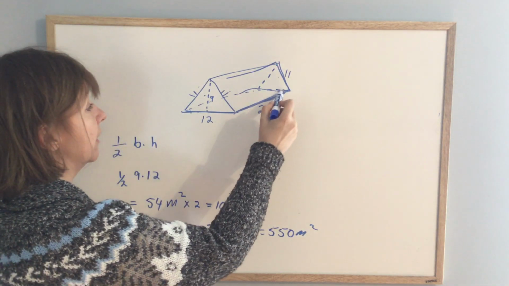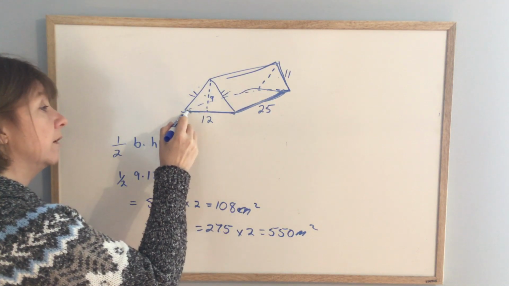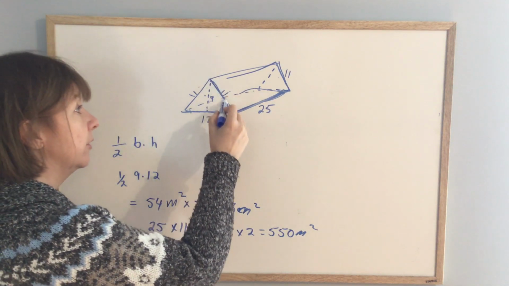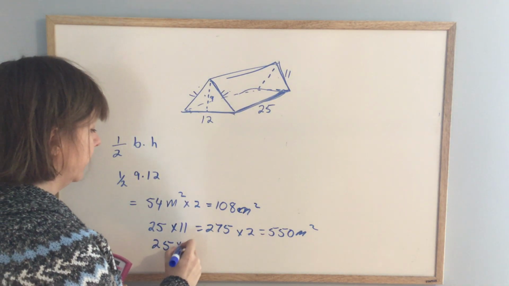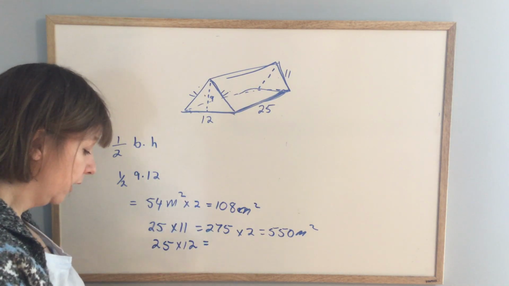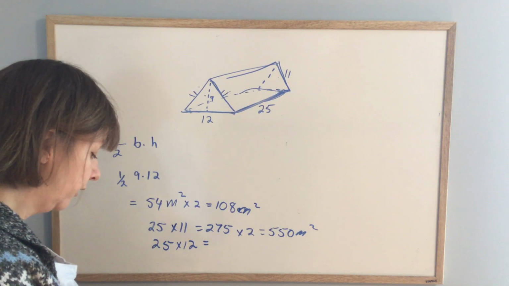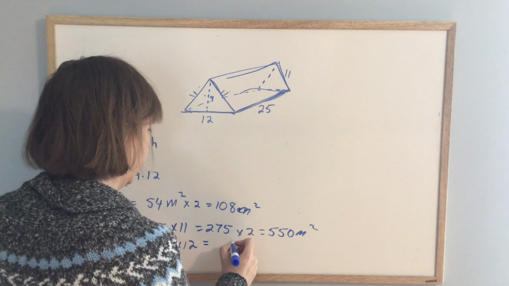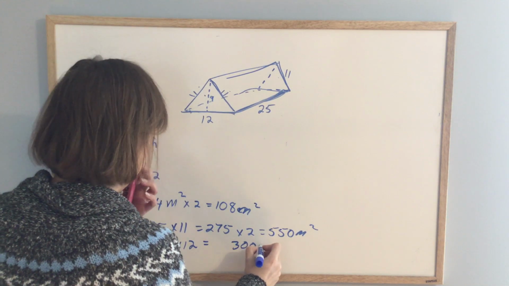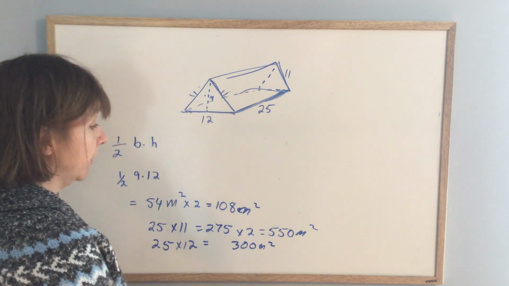The length is the same, 25, but the width of it is 12. Up here it was 11, but down here it's 12. So 25 by 12. And 25 times 12 should be 300, yeah, is 300. And there's only one of them, so I don't have to multiply it by anything.